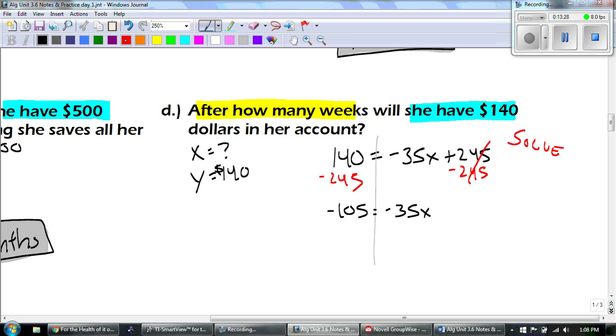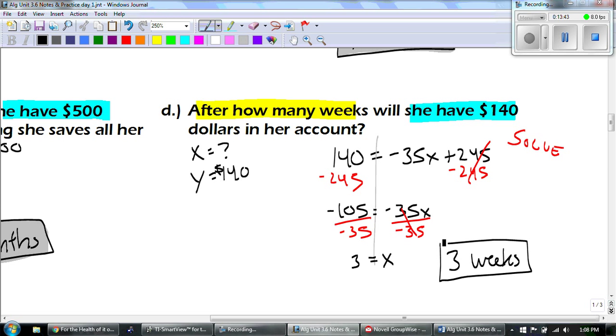And then to get the x by itself, we divide by negative 35, and you get, good, 3. So just remember that we have to label our answer. So that's 3 weeks. Okay, let's go ahead and flip it over.